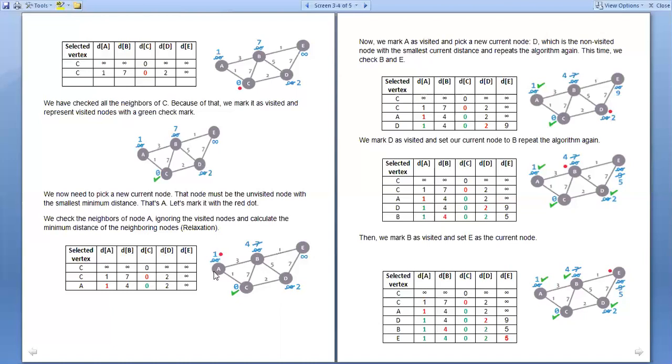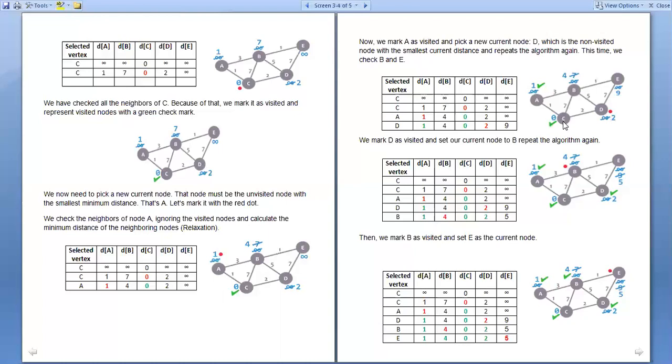So node A relaxes node B with the value 3 plus 1, which is 4. So the current B value is 4.